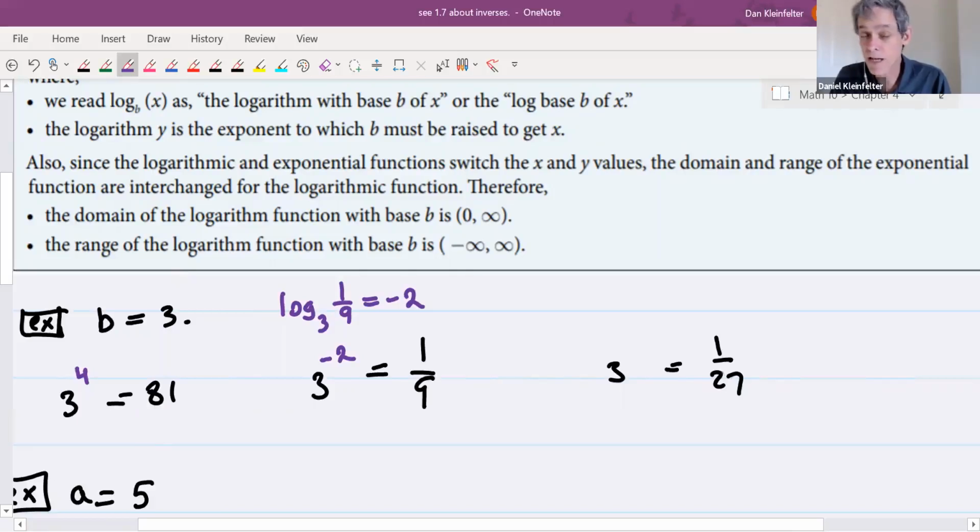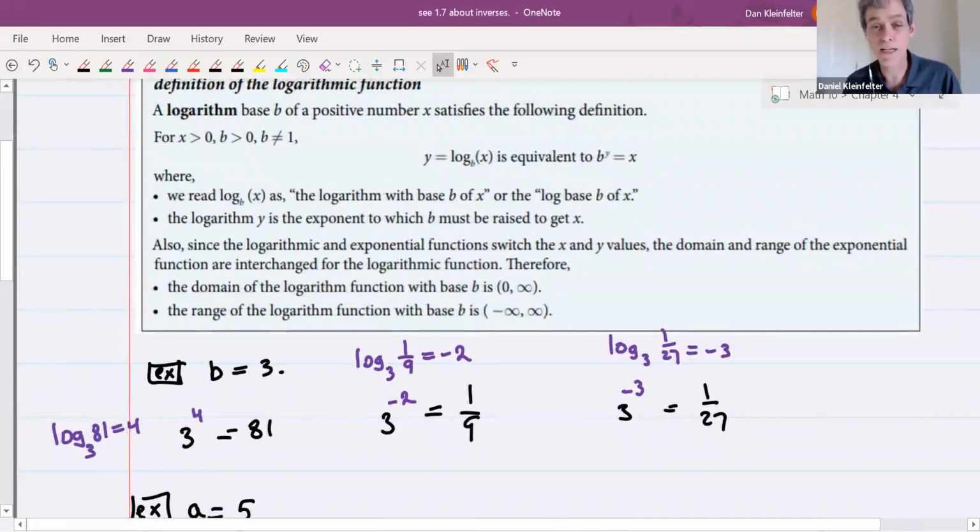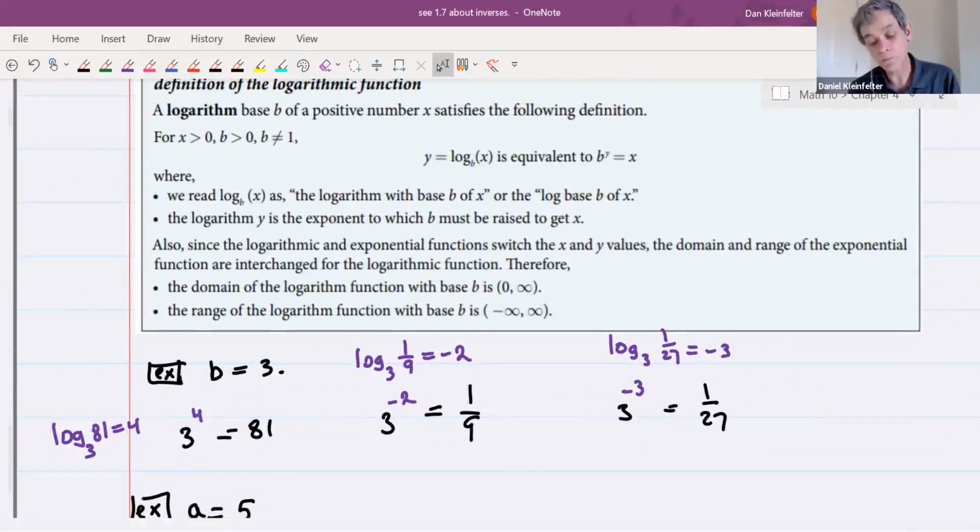I know 3 cubed is 27, 3 times 3 times 3. Sticking it in the denominator, that means we need a -3 exponent. So the base 3 logarithm of 1/27 will equal -3. A logarithm essentially is the exponent that you need to use to raise the base to get whatever value you are given. Okay, so let's continue reading.